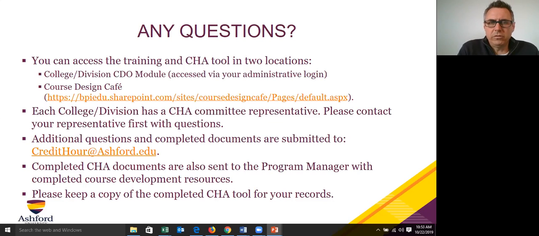In each one of your colleges or your divisions, you will have a course development orientation module, and this can be accessed via your administrative login. Another place that you can go is the Course Design Cafe. You see the link there for that. So you can go to the Course Design Cafe and get the information there.